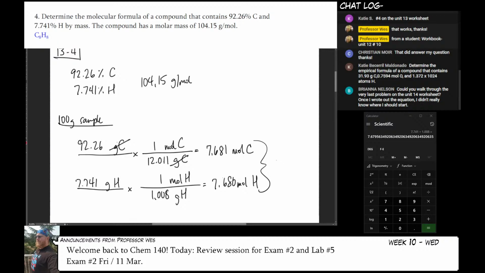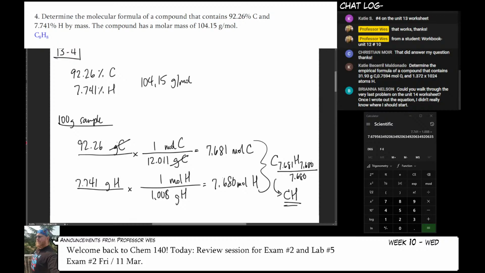So when I make my formula here, I get C 7.681, H 7.680. We're going to divide by the smaller number, which really we're just going to get this. So there's my empirical formula, CH.